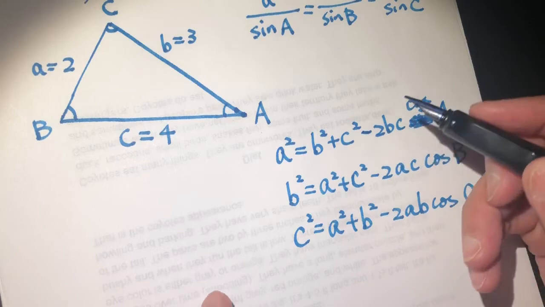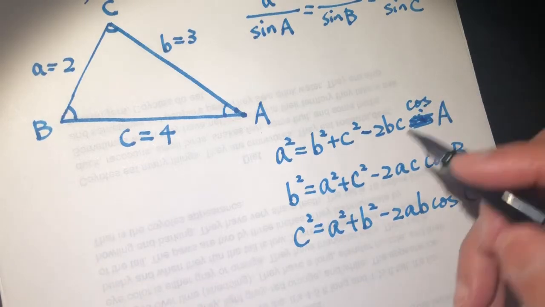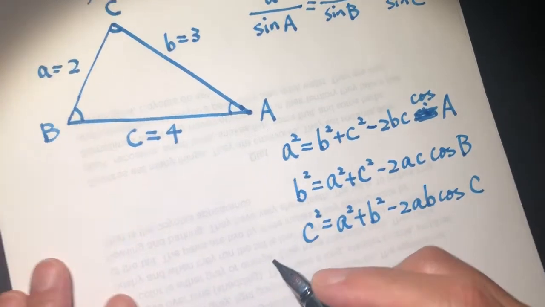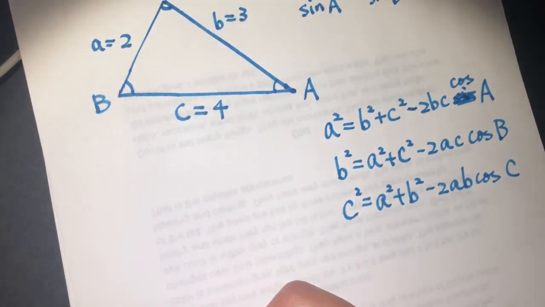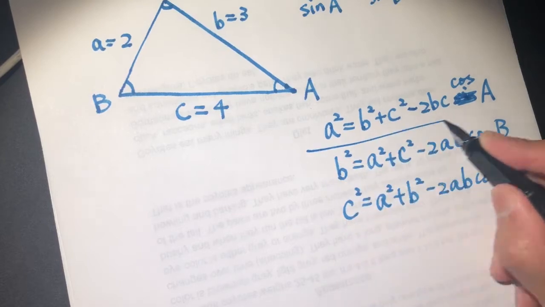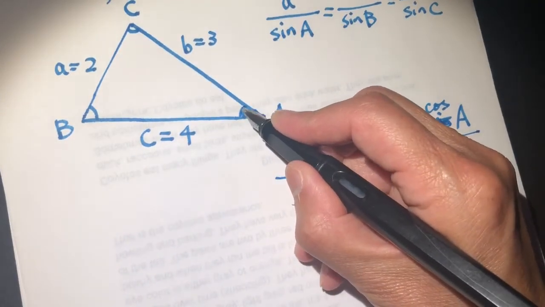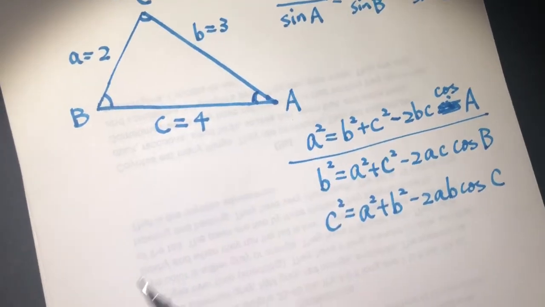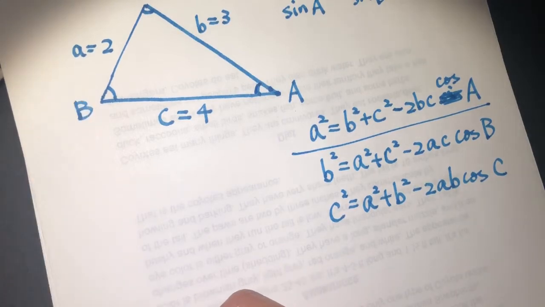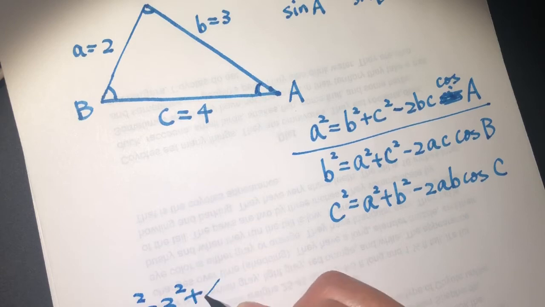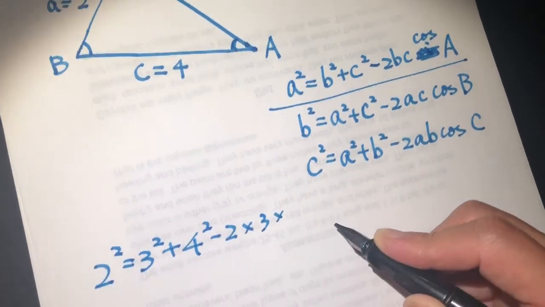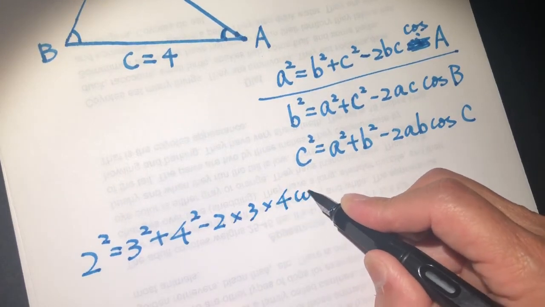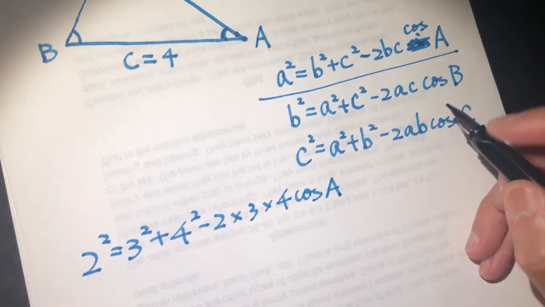I will not go into detail to solve it. Let's do just a little bit of it. Let's figure out the angle of A. So 2 squared equal to 3 squared plus 4 squared minus 2 times 3 times 4 cosine A, right?